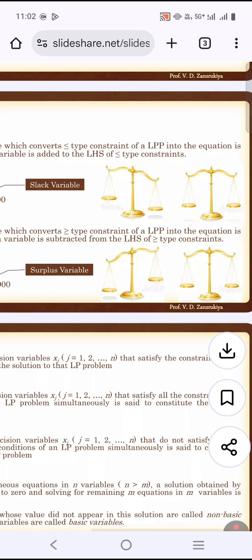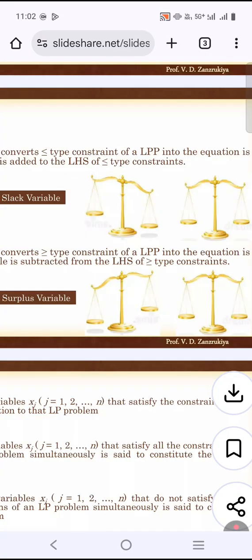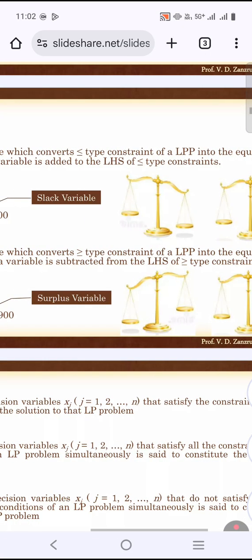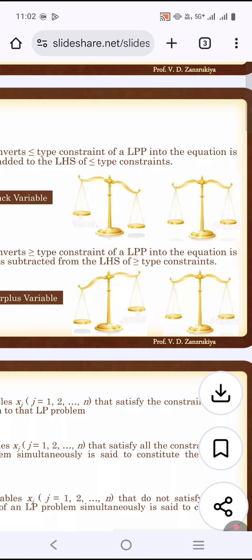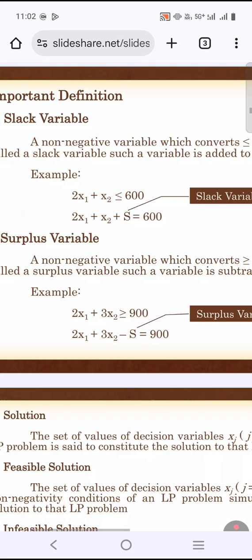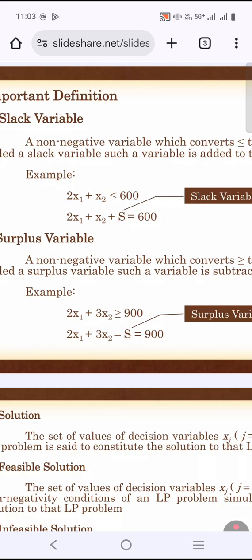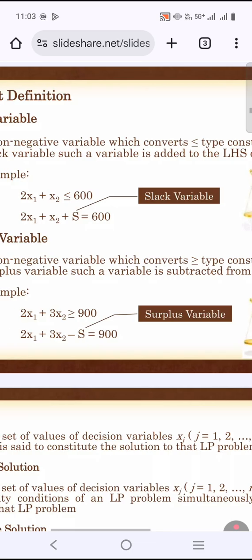For example, 2x1 plus x2 less than or equal to 600 is a less than type constraint, and we add the slack variable s1 to the left hand side to convert it into an equation: 2x1 plus x2 plus s1 equal to 600.